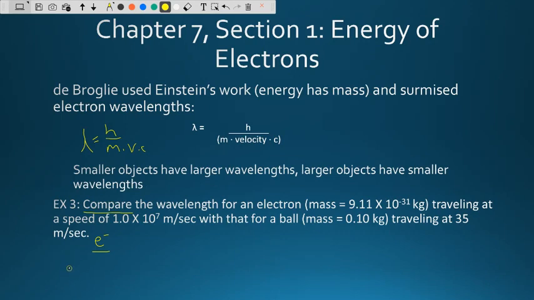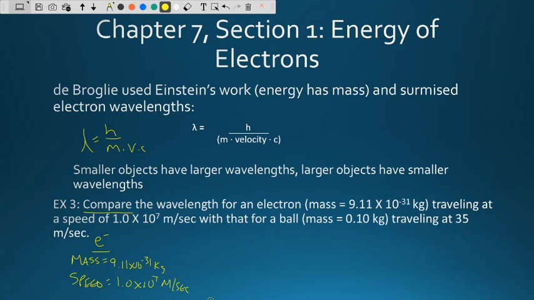We know that the mass of this is going to equal 9.11 times 10 to the negative 31, and that's in kilograms. All right, and the speed that it's going is close to the speed of light, but not quite that speed. So it's going 1 times 10 to the 7th meters per second.